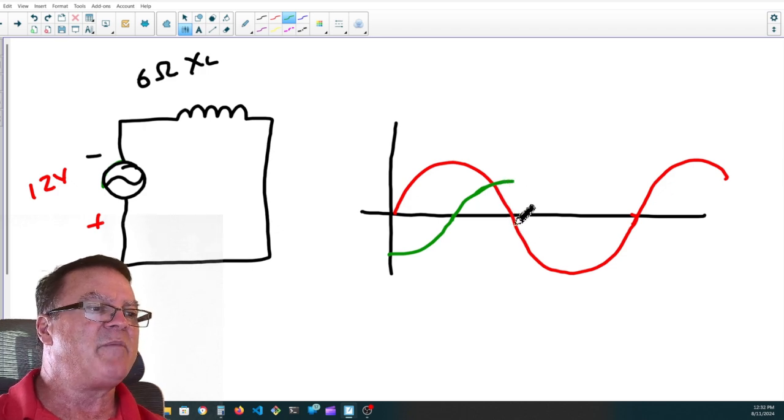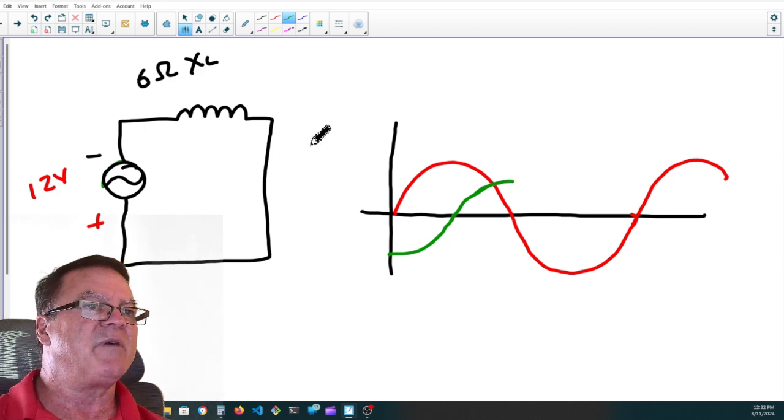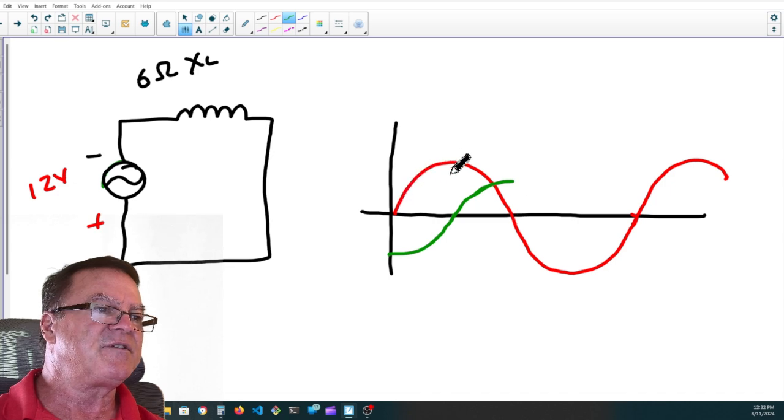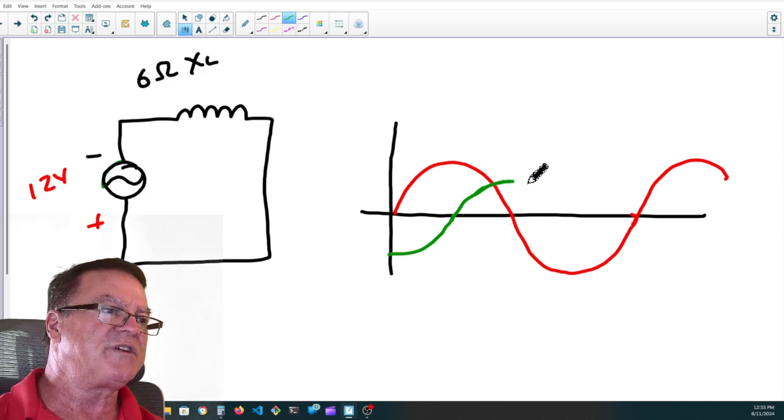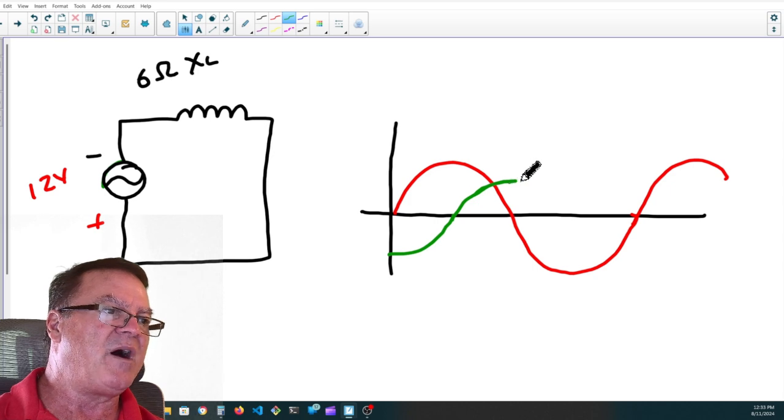That is the maximum amount of change per time right at this point, and it's producing the maximum amount of current in that polarity. Now the same as this first half of the amplitude, this amplitude is rising to peak negative value, and because of that, the inductor is opposing a change in current by producing a current in the opposite polarity. So the current is actually in the positive amplitude when the voltage is in the negative amplitude.